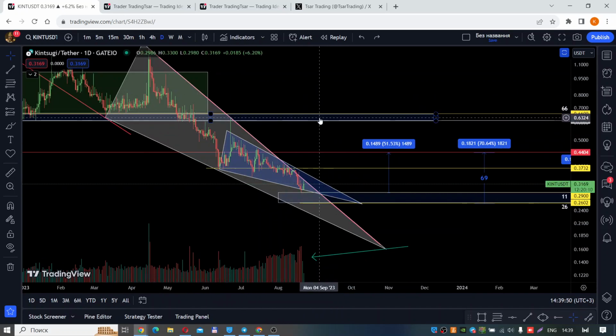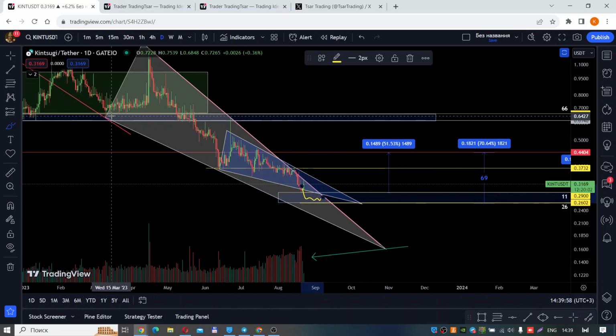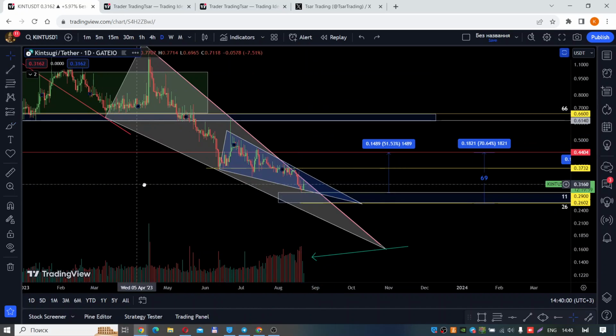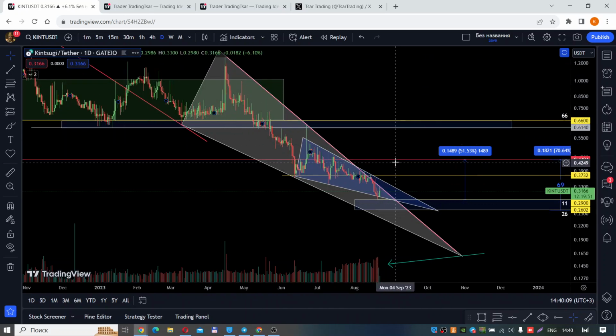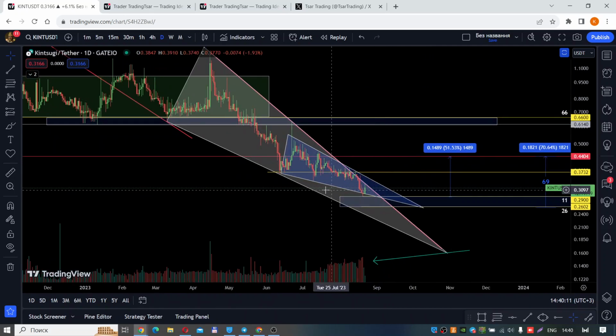So the more logical way is to wait for the bottom to form. We will see it like here. It will be something like this. After that, the price will likely move. Also, the price will move with the market.